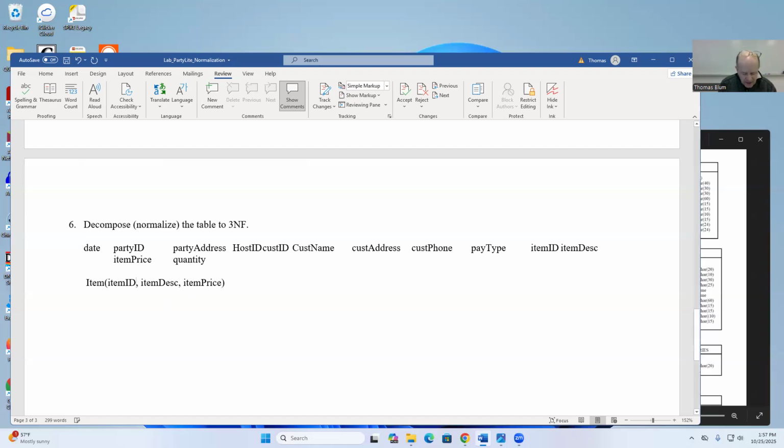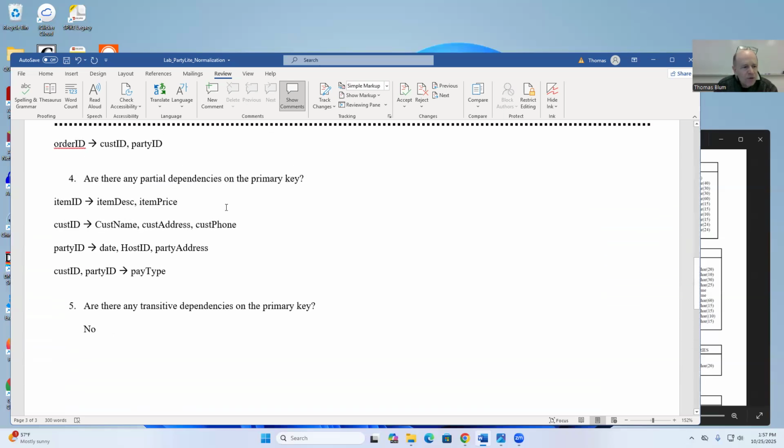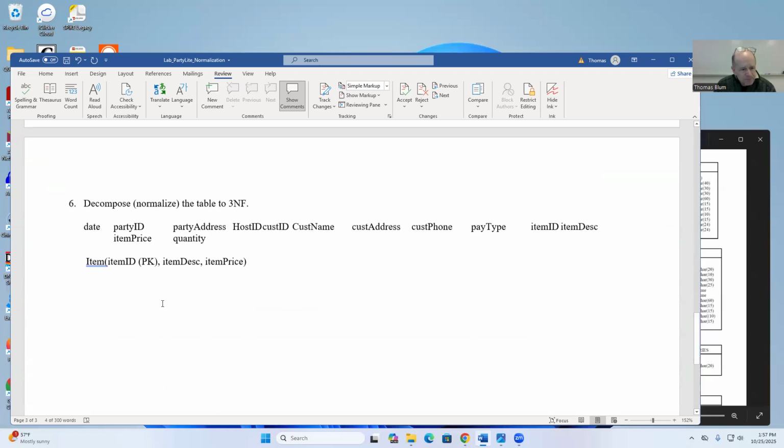We will say that the item ID was the primary key. So the normalization approach told us to pull out this partial dependence, to pull out a customer.